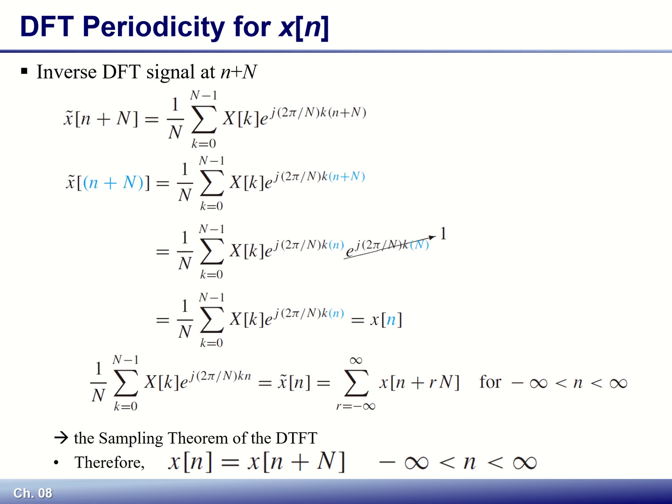So let's consider the periodicity of the inverse DFT. What if, instead of n, we put n plus capital N? Then the inverse DFT will be 1 over N sigma X[k] exponential j 2 pi over N k times (n plus N) instead of n.